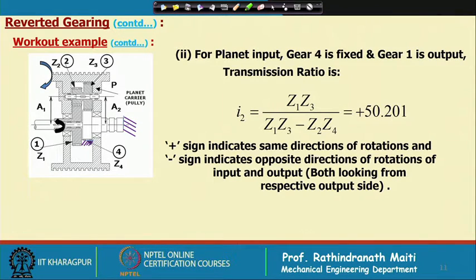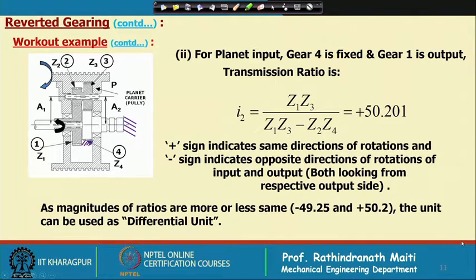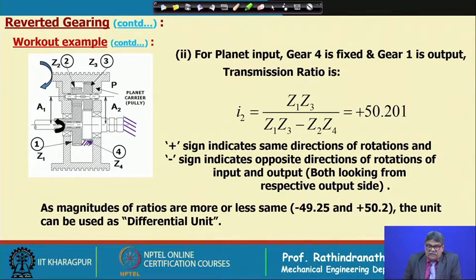So, these are the two ratios we have got, and magnitude wise they are very close. One is 49.25, another is 50.2. This means that if one is held, the other will rotate at 50 times less speed.